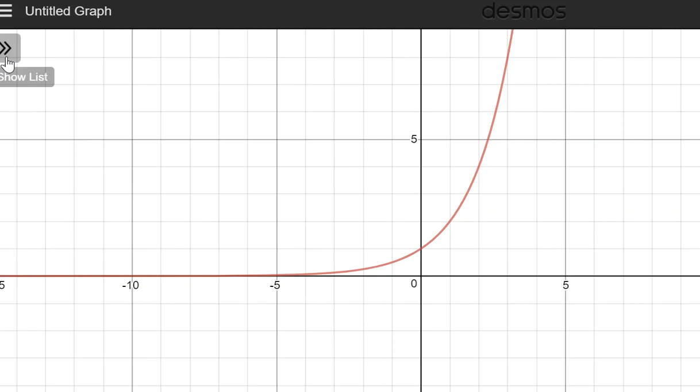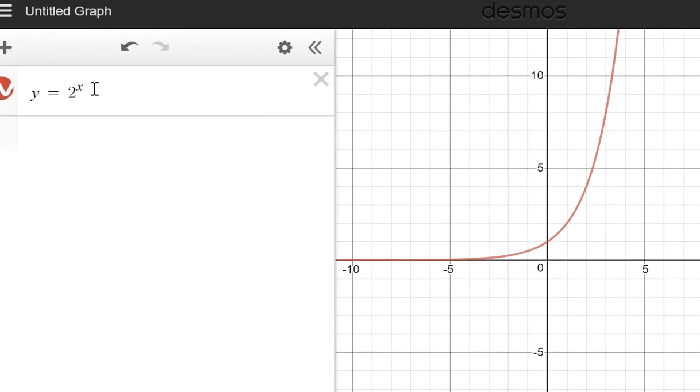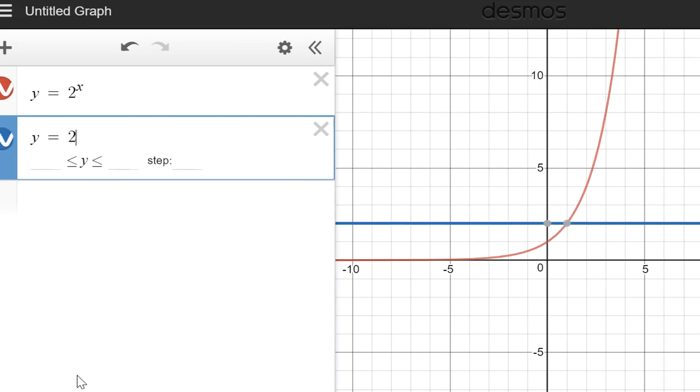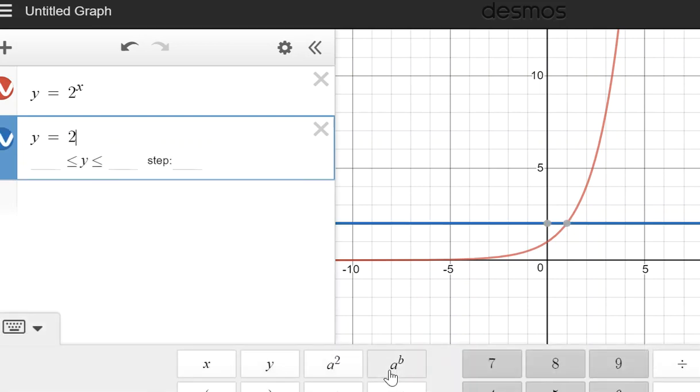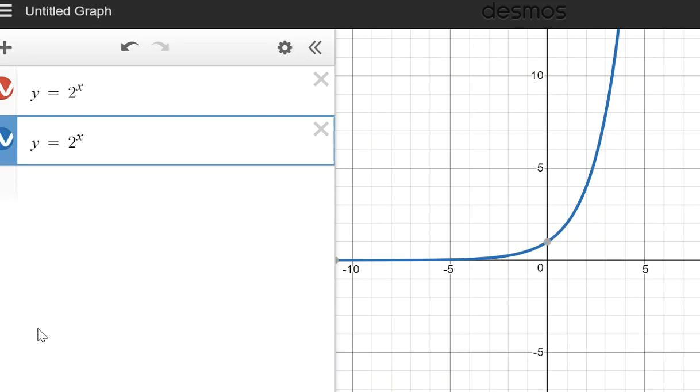What I'm going to do first of all is I'm going to take this graph, and actually just let's make it a new one. Y equals 2 to the x, and then let's make that -4. And look what happened.